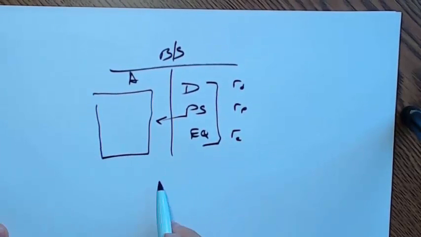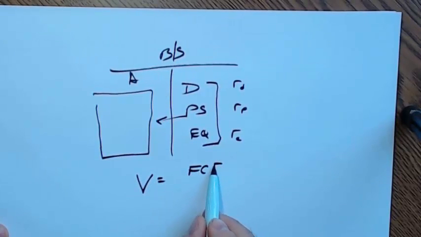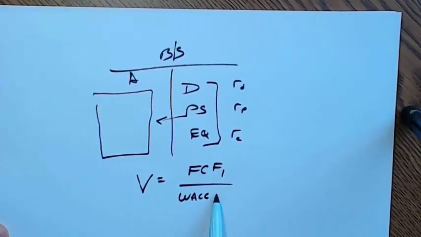So if you recall from the previous chapter, chapter 9, we estimated the value of the firm to be free cash flow next period divided by not K, but weighted average cost of capital minus the growth rate of free cash flow.